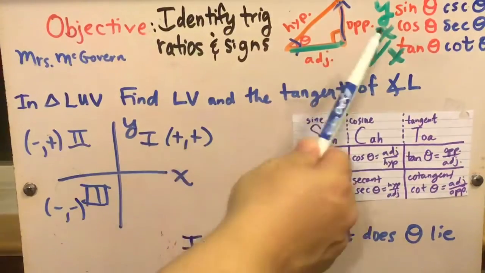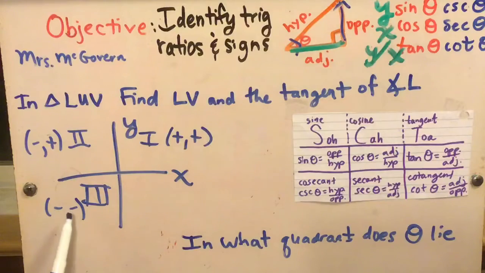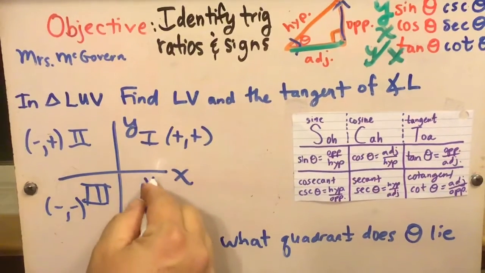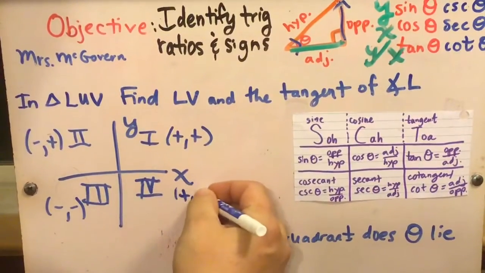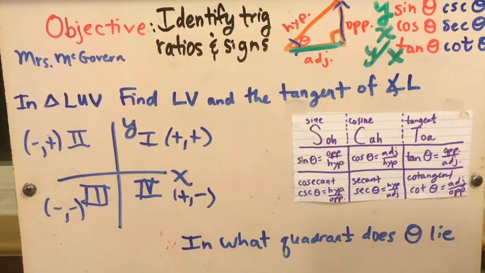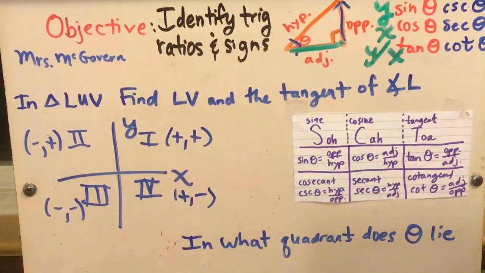And because x is cosine, cosine is negative and sine is negative. And in quadrant 4, cosine is positive and sine is negative. So you're supposed to be trying to figure that out with any type of trig function.